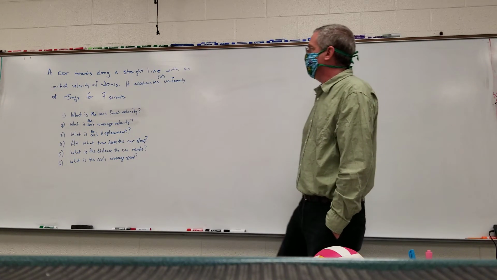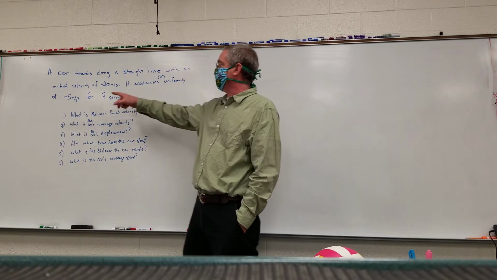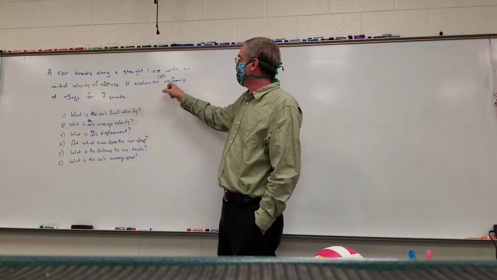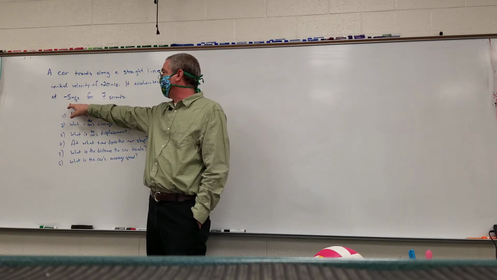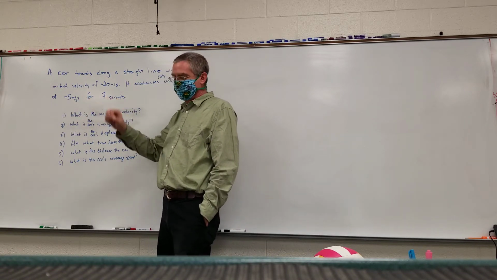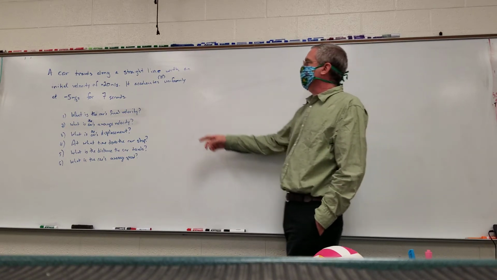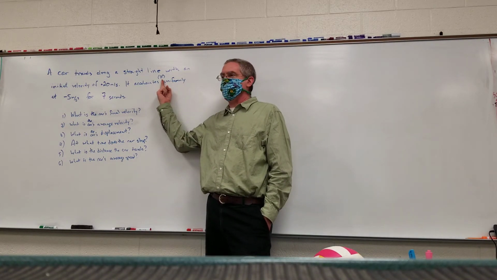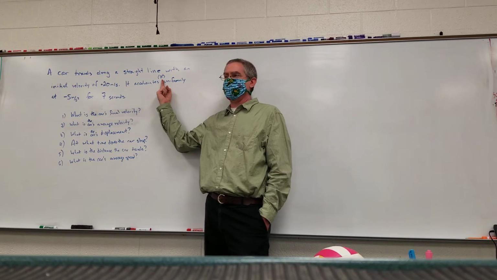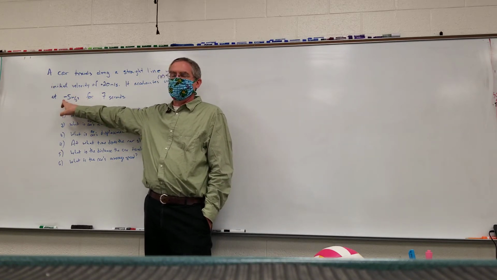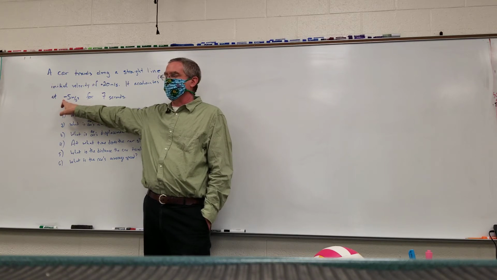A car travels along a straight line with an initial velocity of positive 20 meters per second. It accelerates uniformly at negative 5 meters per second squared for 7 seconds. I did put a with a vector symbol over it here, but I shouldn't have to because I said the acceleration was negative. And if it's a scalar acceleration, it won't be negative.